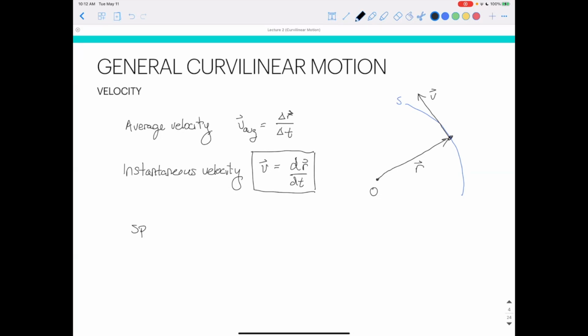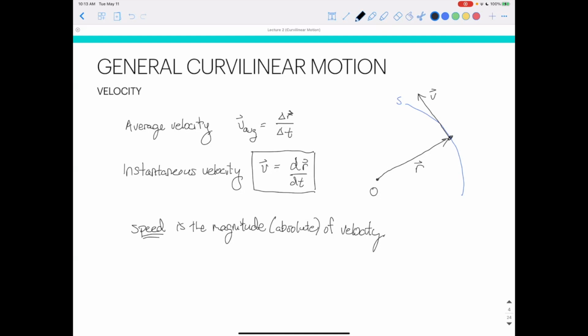So speed is the magnitude, I should say absolute, of velocity.